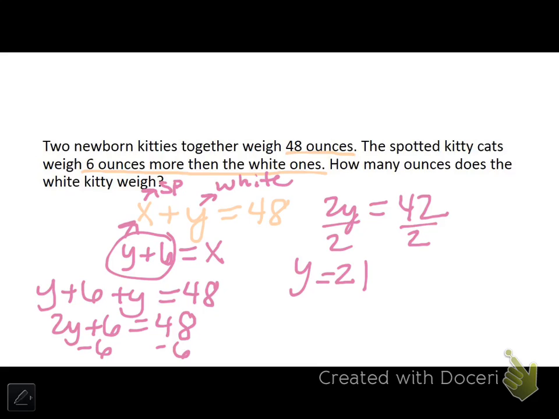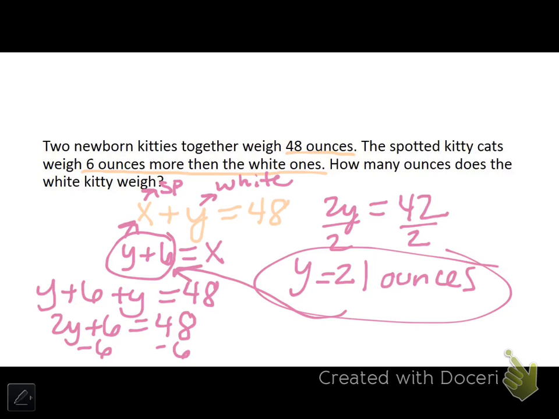We've got to always label it 21 ounces because we're talking about their weights. So it says, how many ounces does the white kitty weigh? Well, since this is my white kitty because it's y, that's all I have to do. It weighs 21 ounces. If I wanted to find how much the spotted kitty weighs, I could plug this back in for y and figure out that the spotted kitty weighs 27 ounces.